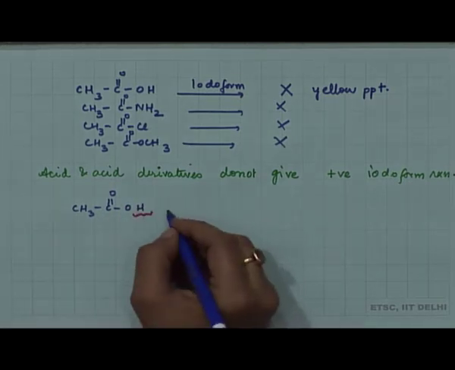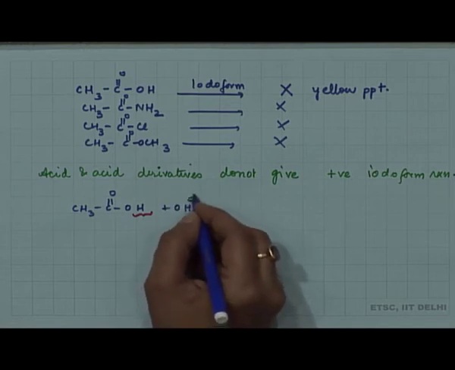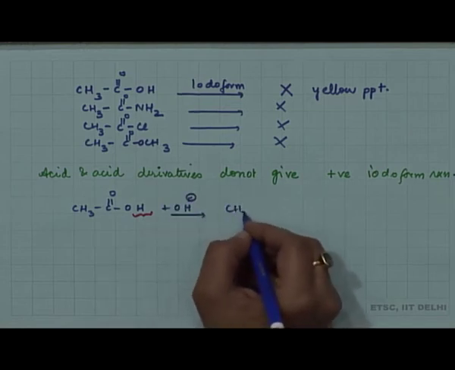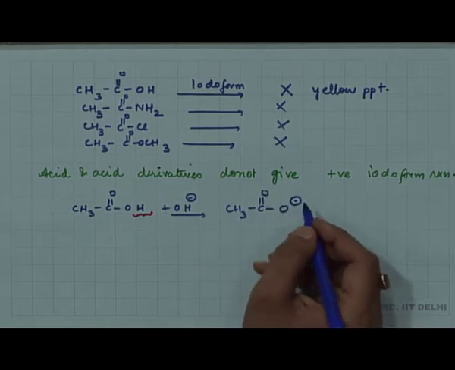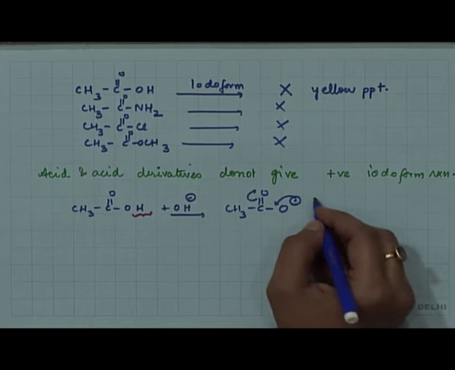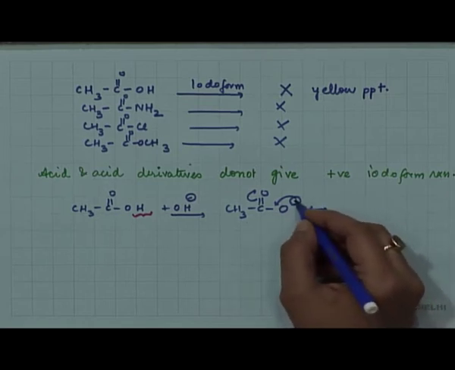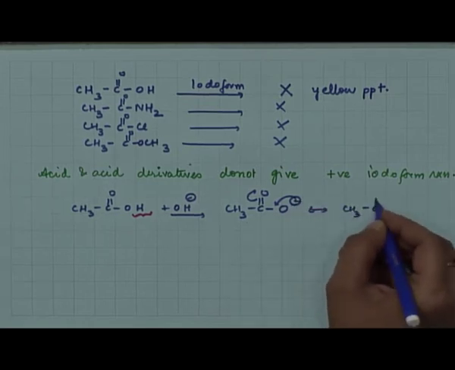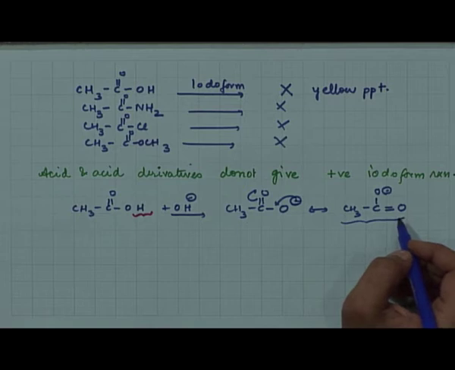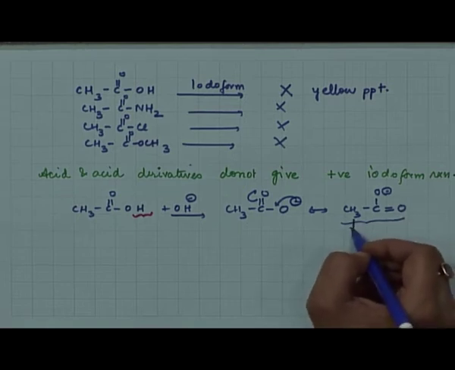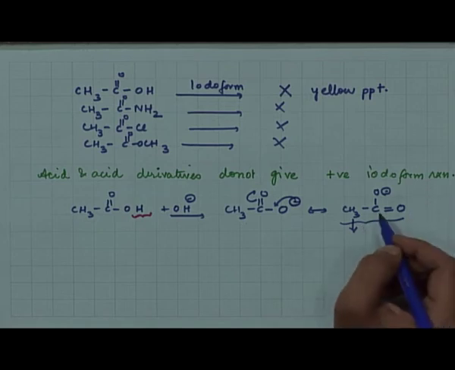So, under alkaline conditions, what is going to happen? This is immediately going to give you the corresponding sodium acetate. It is going to yield the corresponding anion, which is quite stable. This is already a charged species, the molecule is already charged now. So, the deprotonation of these alpha hydrogens is going to be very, very difficult.